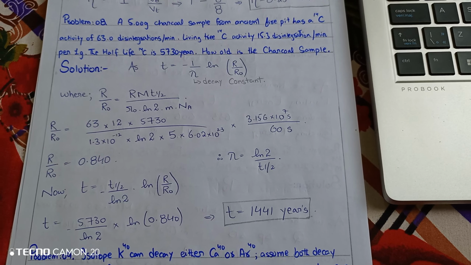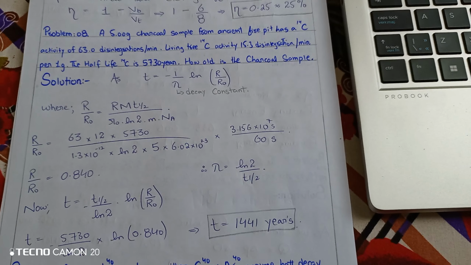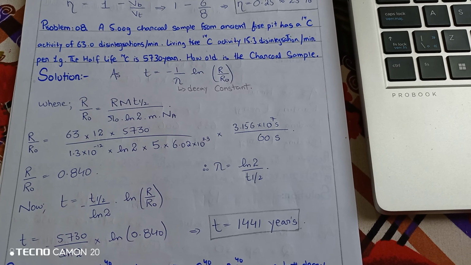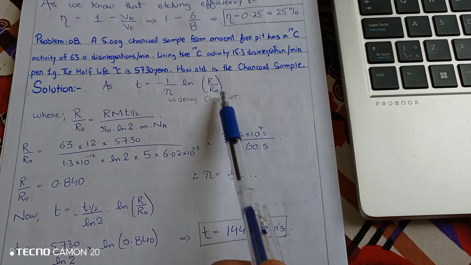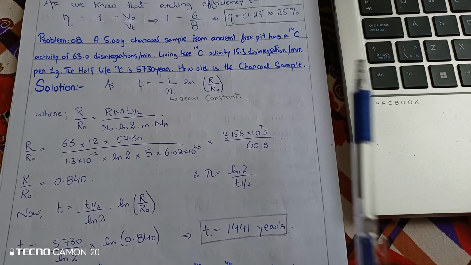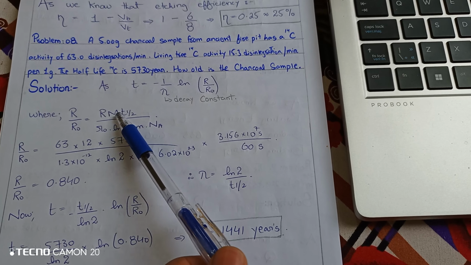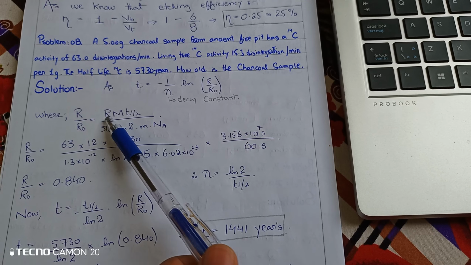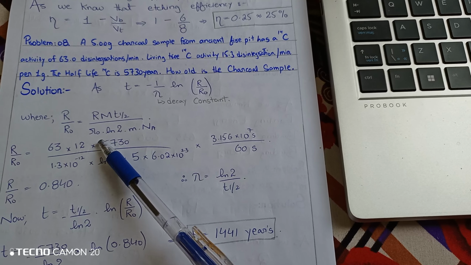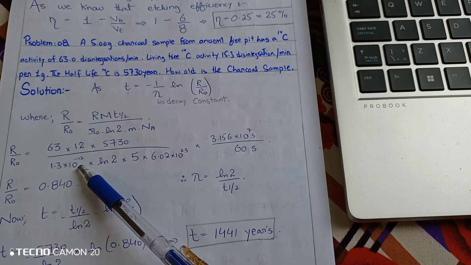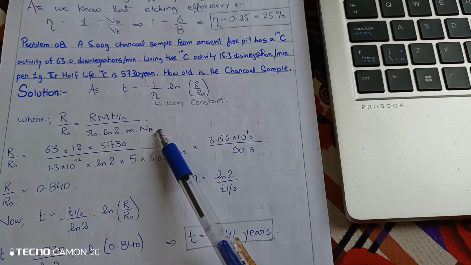To find the time, how long it has been, there is a relation. You know that t equals minus 1 by lambda, where lambda is the decay constant, ln of R by R naught. Whereas R naught equals Rm, where m is the mass in grams, t1/2 is the half-life, divided by the constant, whose value is 1.3 times 10 to the minus 12, ln of 2, and Na is Avogadro's number.